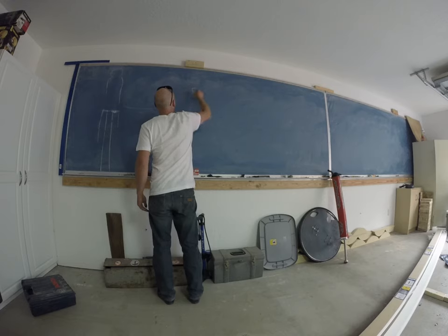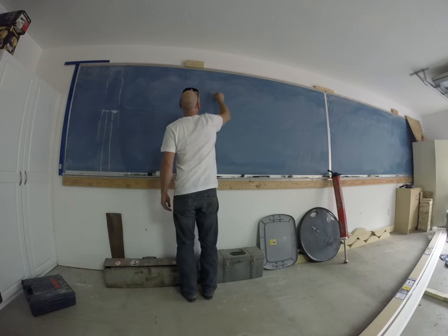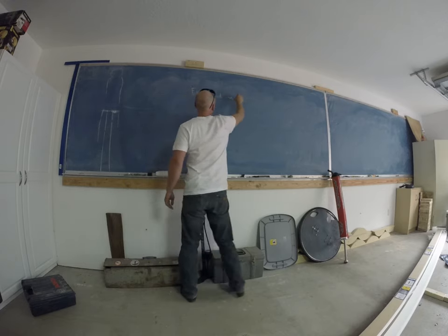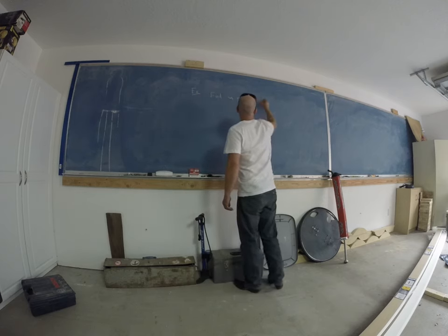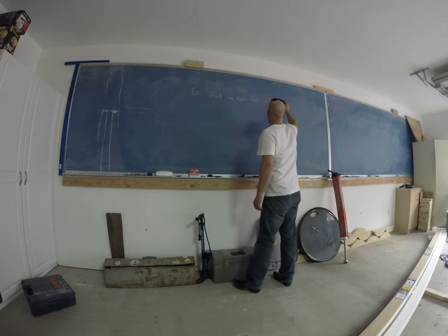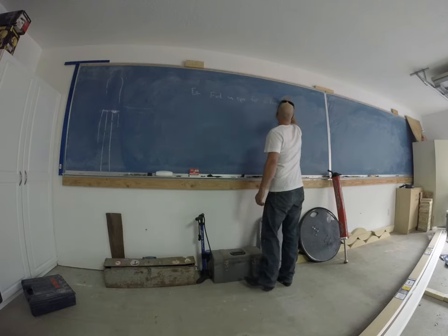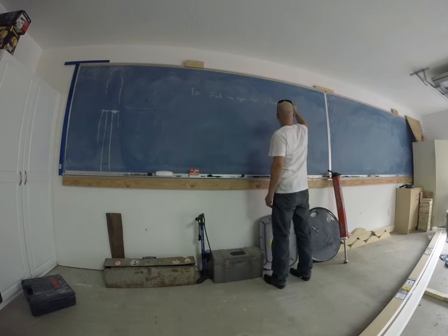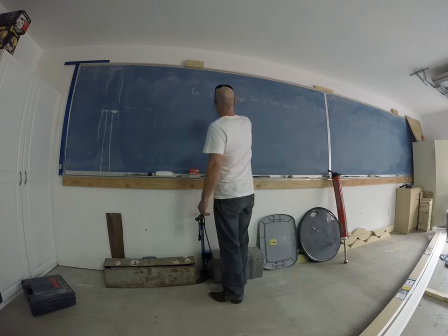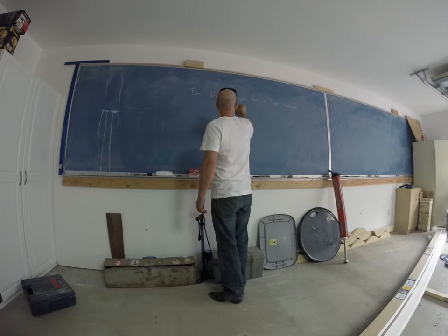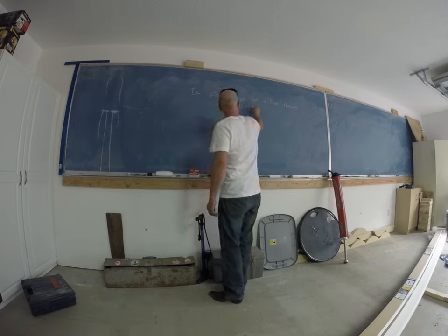For example, find an equation for a line through, I suppose, instead of between. Through is better language. Through 1, 2, and 3, 5.